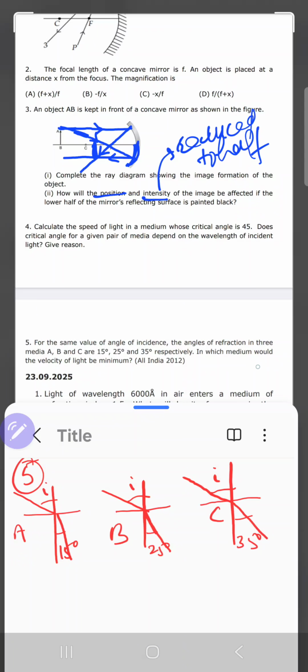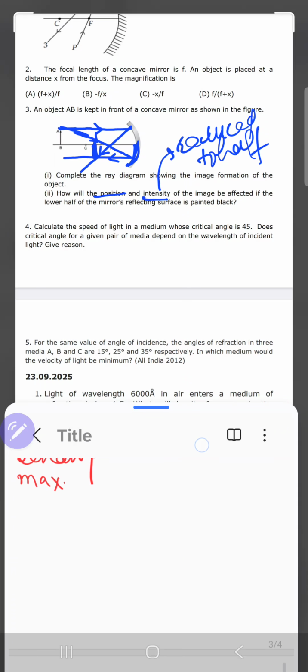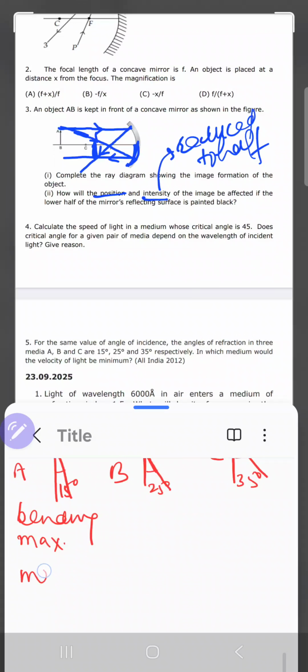Now, in which medium would the velocity of light be minimum? As we know that the medium having the maximum refractive index would have the least velocity of light, and refraction would be seen here. Now you see here the bending of the light is maximum because angle of refraction is least. So here bending of light is maximum and here bending of light is least if we are comparing the three media. So when bending is maximum, it means here it is showing maximum refraction.